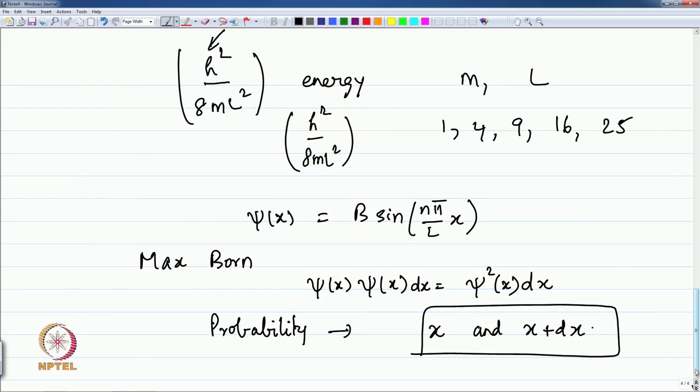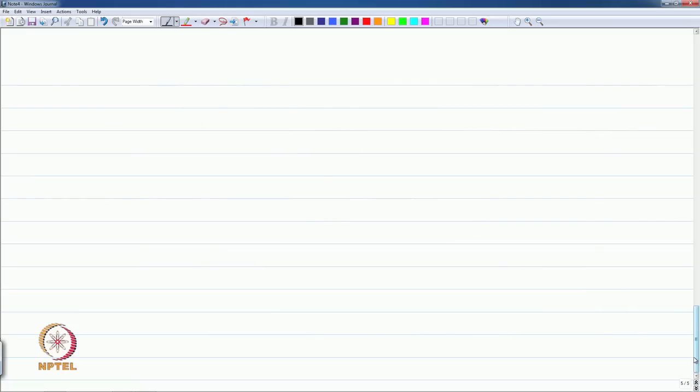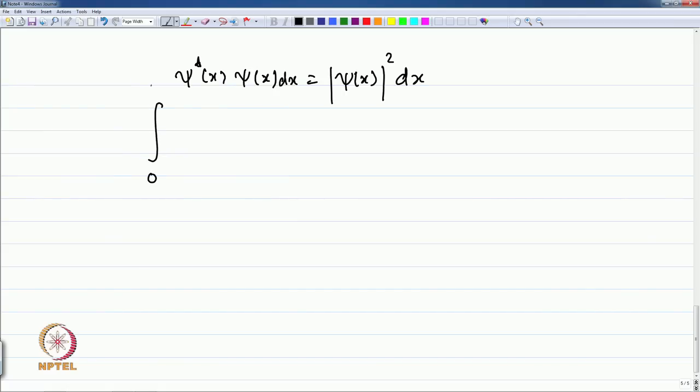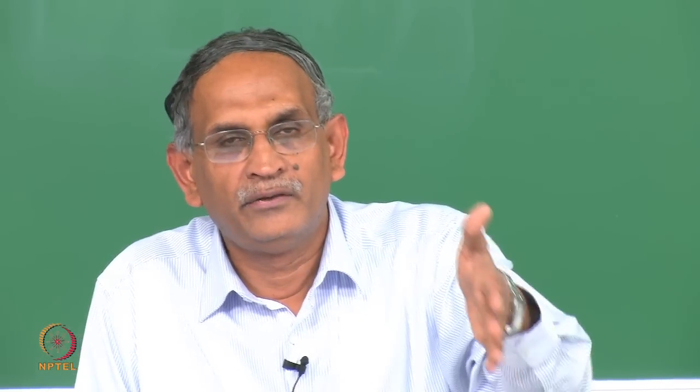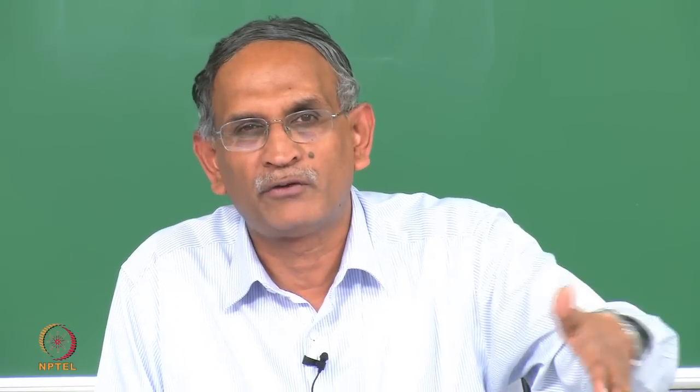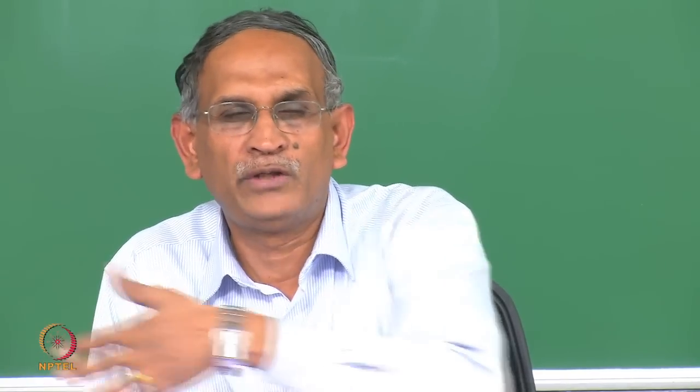Therefore, let me conclude immediately what B should be, because if psi star x psi x, which is the same as psi of x squared with a dx, is a probability, then if you add all the probabilities from 0 to L, because the particle can have any position between the end points but not at the end points, from anywhere as close to one end point as possible to as close to the other end point.